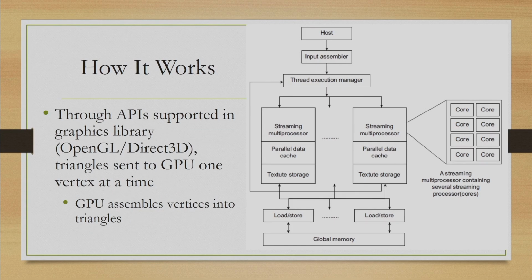Now, given that triangular mesh information, through dedicated APIs which are provided in the graphics libraries such as OpenGL or Direct3D, these triangles are sent to GPU one vertex at a time serially, and GPU assembles them into triangles.